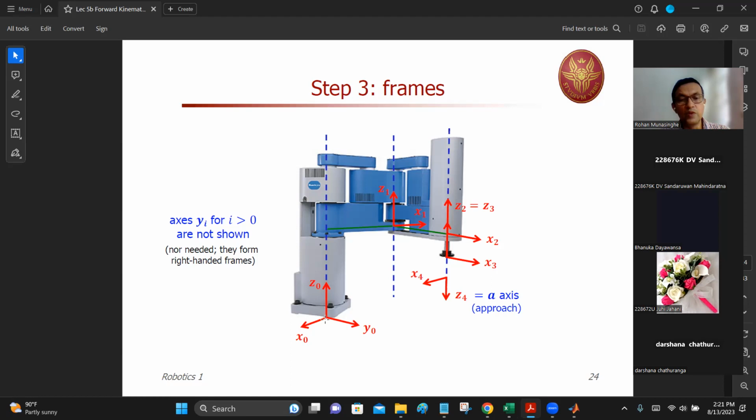X0 moves along Z0 a certain distance so that it coincides with this X1. So from X0 to X1, the distance vertically upward is non-zero here, but you could have made it 0 so that your mathematics would be a bit easier.